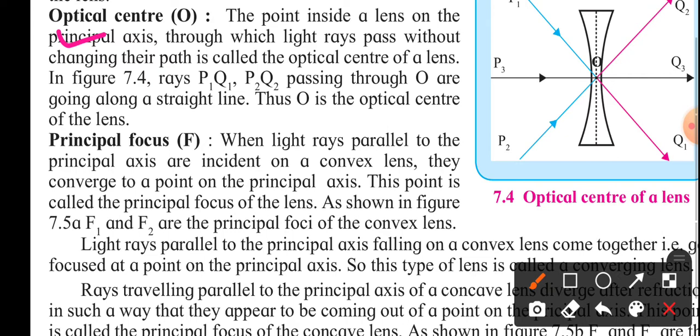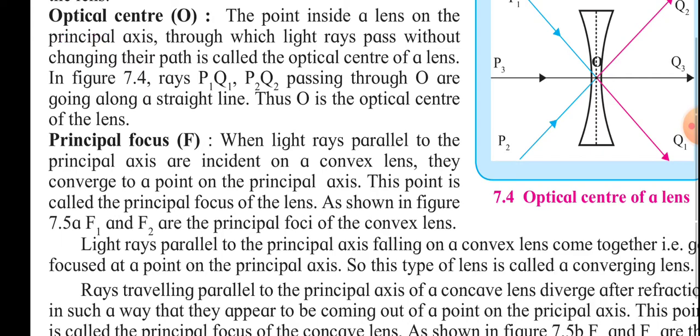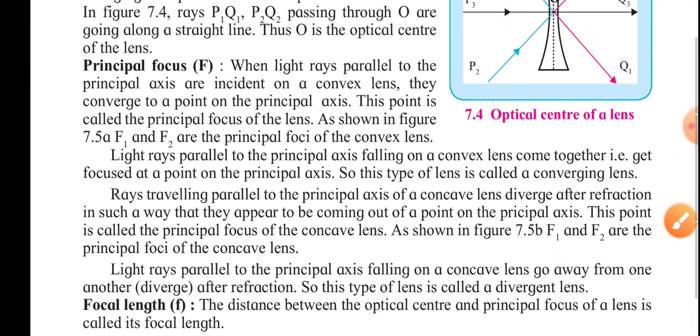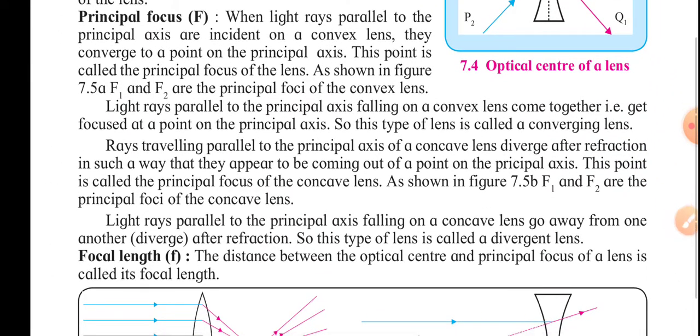Next is the principal focus. Now, what is the concept of the principal focus? Under this chapter we discuss two types of lenses, the convex lens and the concave lens.